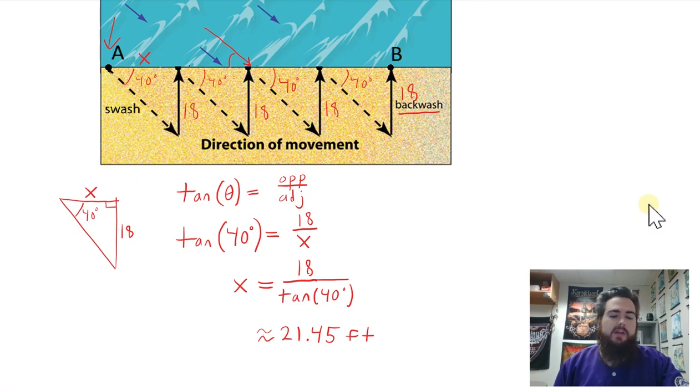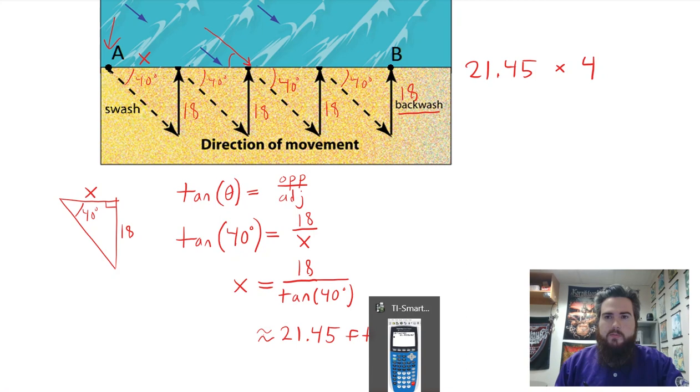This is not my final answer because this is simply the adjacent side of one of the 4 triangles representing the distance from point A to point B. If I do want to find the full distance from point A to point B, we would take this value and multiply it by 4. We will take 21.45 and multiply that by 4.